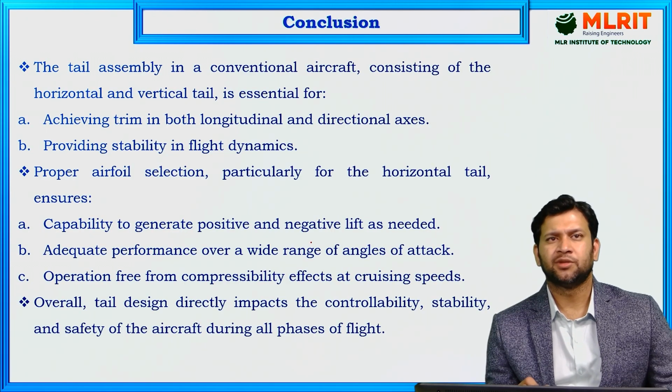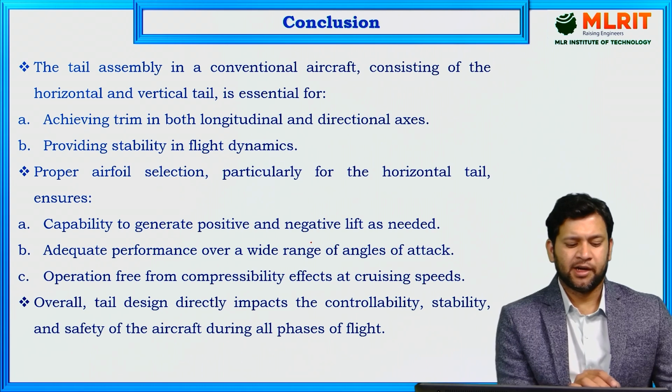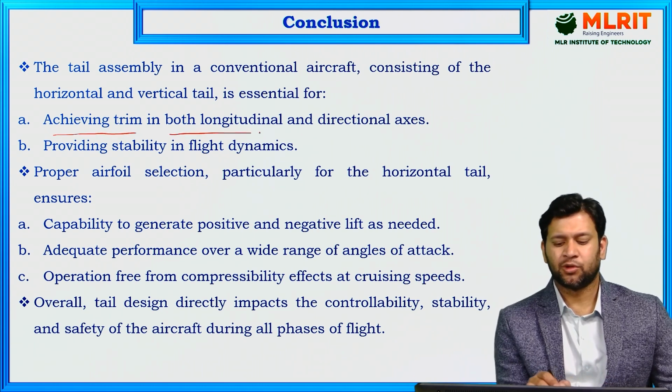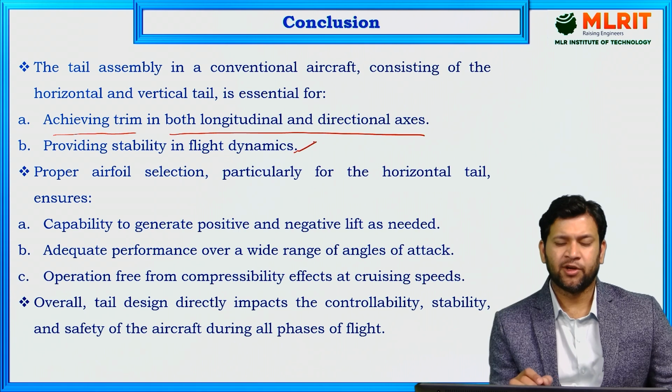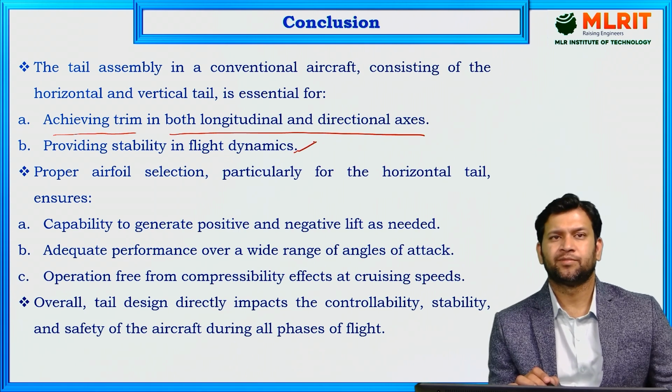Conclusion of this lecture: the tail assembly in a conventional aircraft, consisting of the horizontal and vertical tail, is essential for achieving trim in both longitudinal and directional axes, providing stability in flight dynamics.